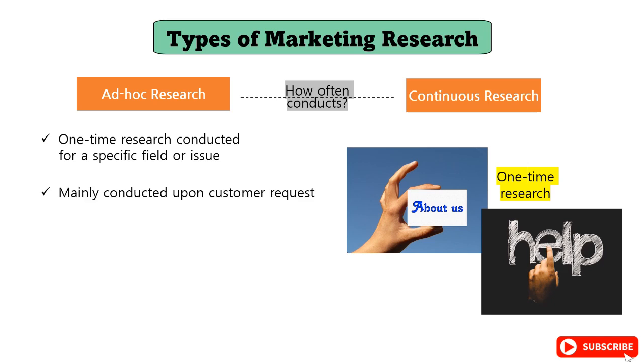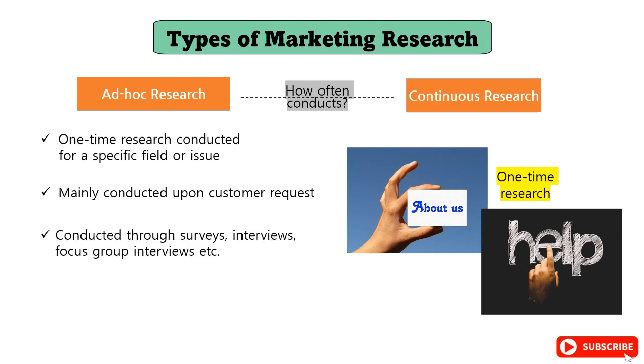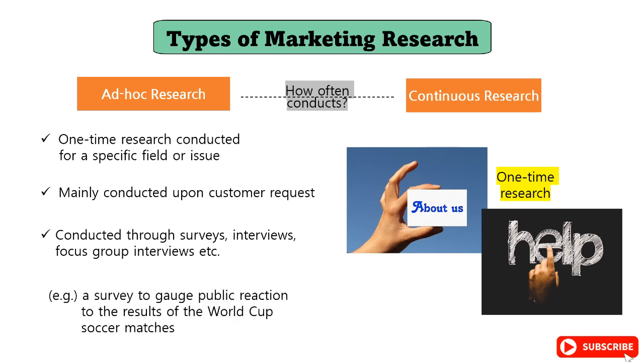Ad hoc research is mainly conducted upon customer request, and therefore, a single survey is sufficient to fulfill the research needs. Ad hoc research can be conducted through surveys, interviews, focus group interviews, etc. For example, conducting a survey to gauge public reaction to the results of the World Cup soccer matches would be an example of ad hoc research.